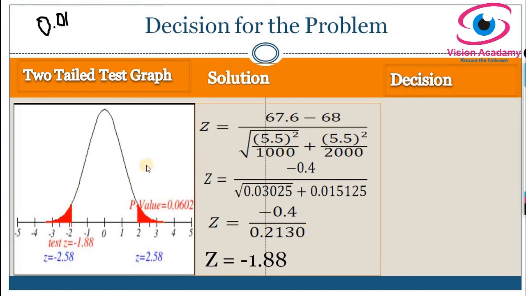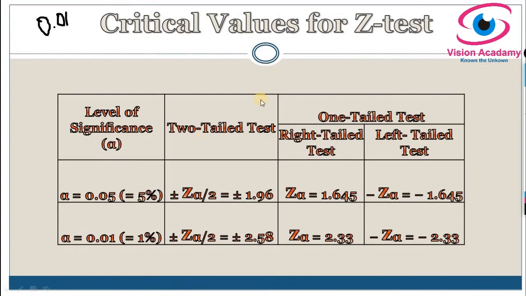And we will take one more form of decision, by comparing the test value with the critical value. If you want to obtain the critical value, we have to look into the Z critical value table. So this is a critical value table for the Z test. Here we have to concentrate on the level of significance alpha.